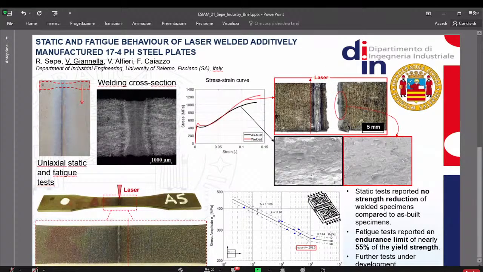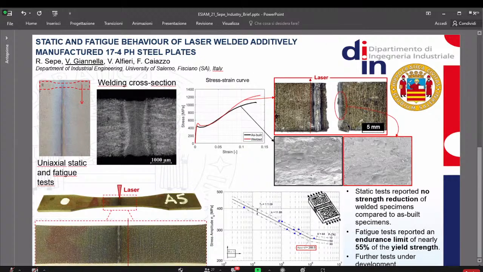At the top left corner, we can see a picture of the welding cross-section, where the weldment was fine with no big defects. At the bottom left corner, we can see a picture of a fatigue test specimen with a close-up showing the very narrow welding line. This welding line was produced by the laser beam.